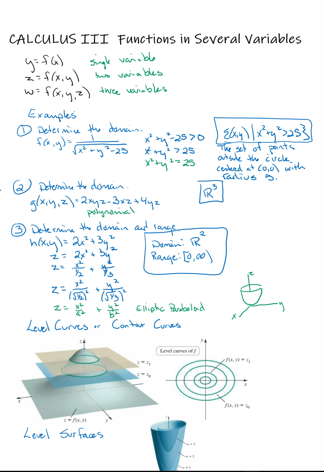So you can see the connection. I'm taking those planes and cutting that surface. Now the way we describe these is we would say that our f of x, y is equal to k for k a constant.